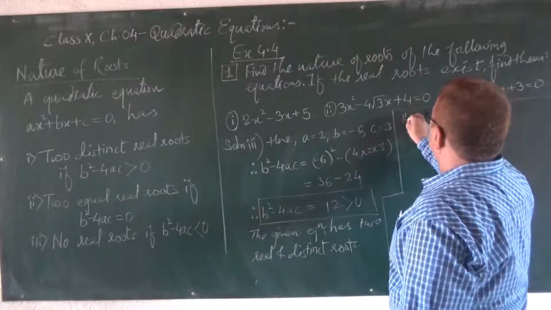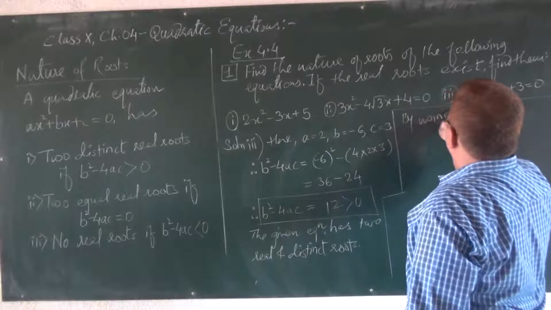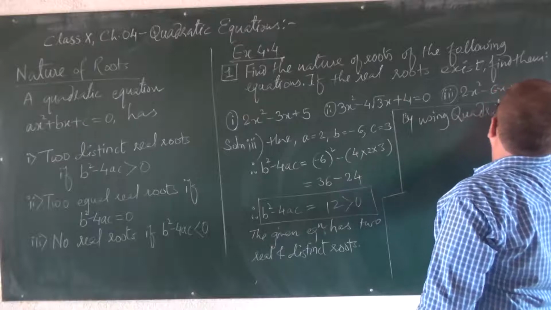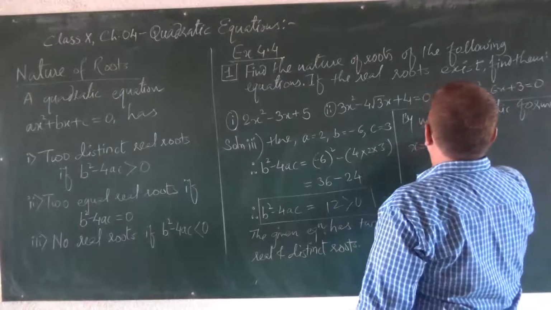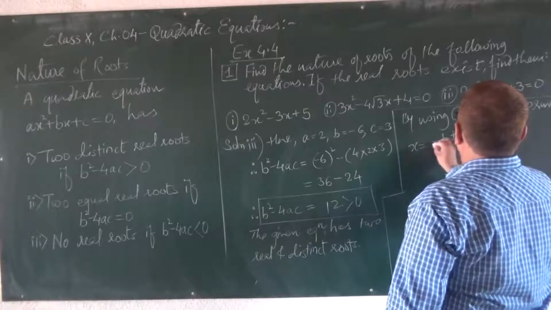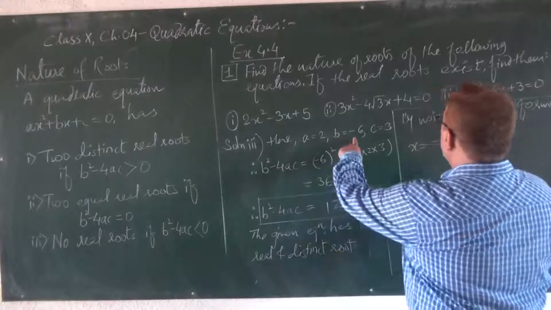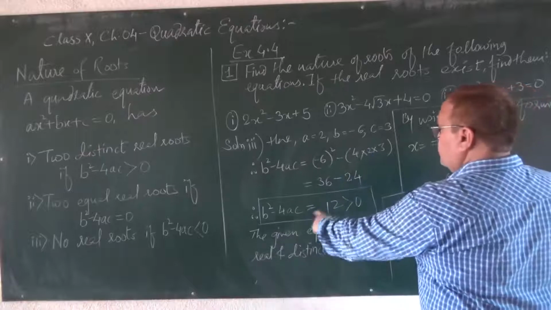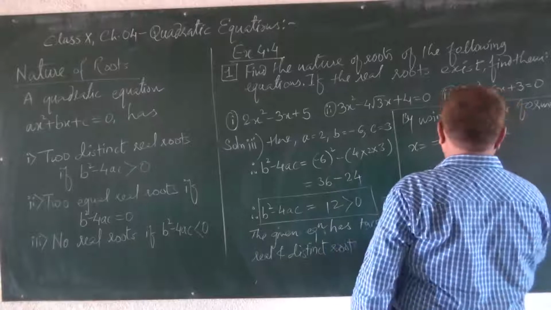Now, by using the quadratic formula, x is equal to minus b plus or minus under root b square minus 4ac, whole upon 2a. What is the value of b? b is minus 6. So minus of minus 6 plus or minus, the value of b square minus 4ac is 12, and whole upon 2a, the value of a is 2.